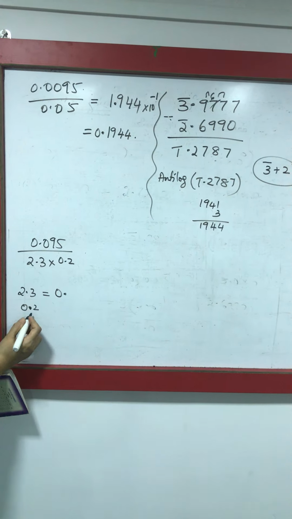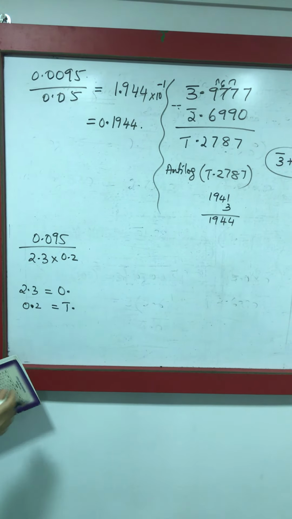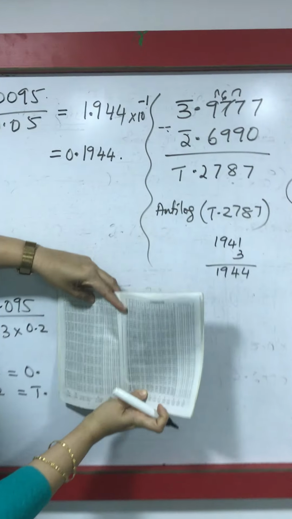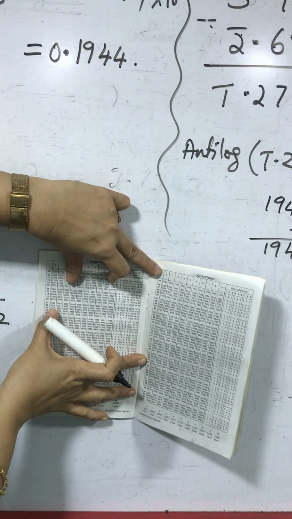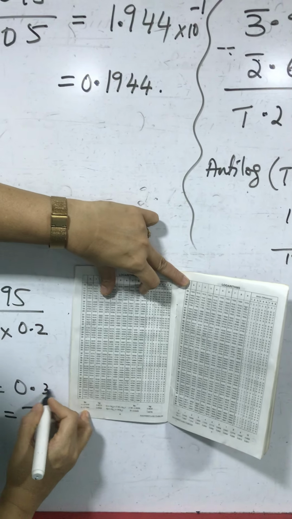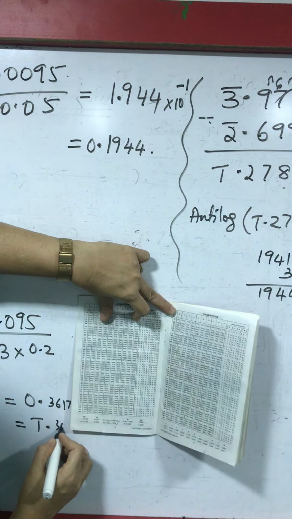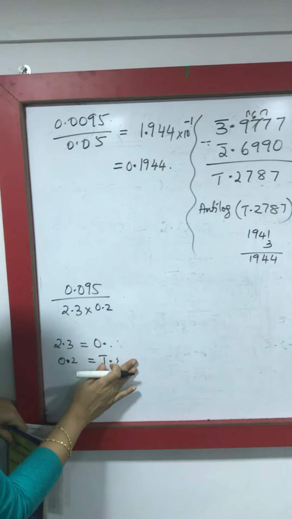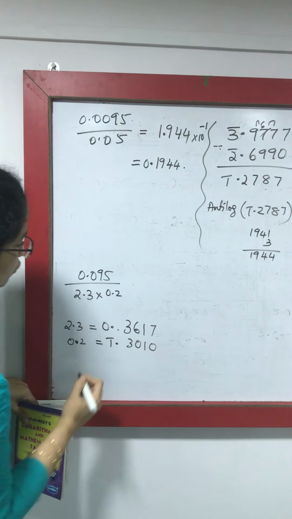This is not in standard form. If I have to write it, then it is 2.0. So this will be bar 1. When I look into the log tables, then I will look for 23. And that will be 3617. And 20 will be 3010, which I will write. So this is 3617 and this is 3010.